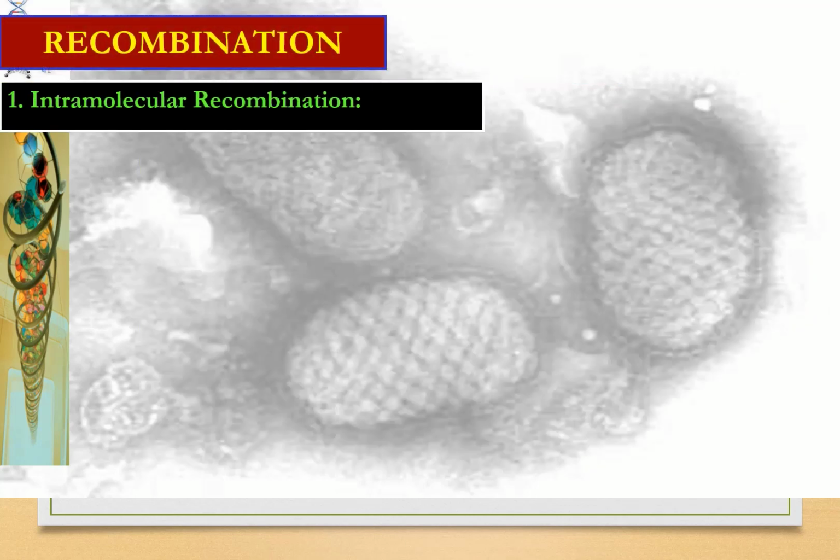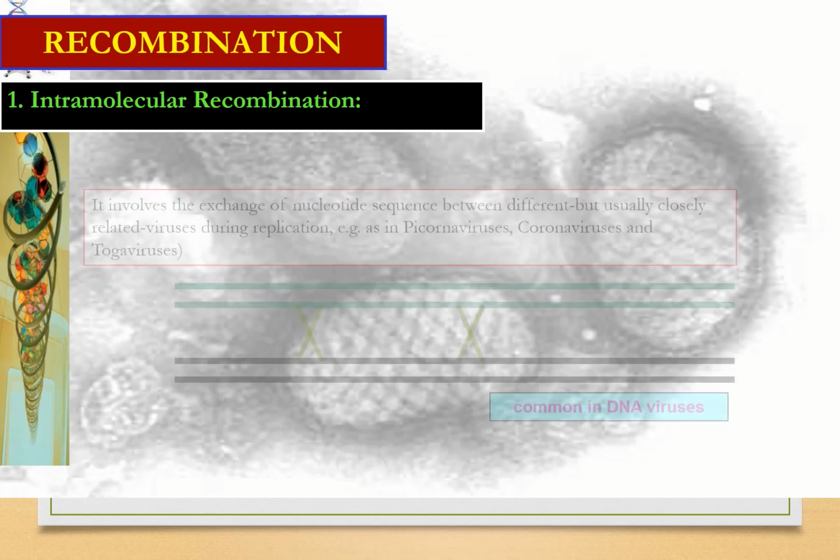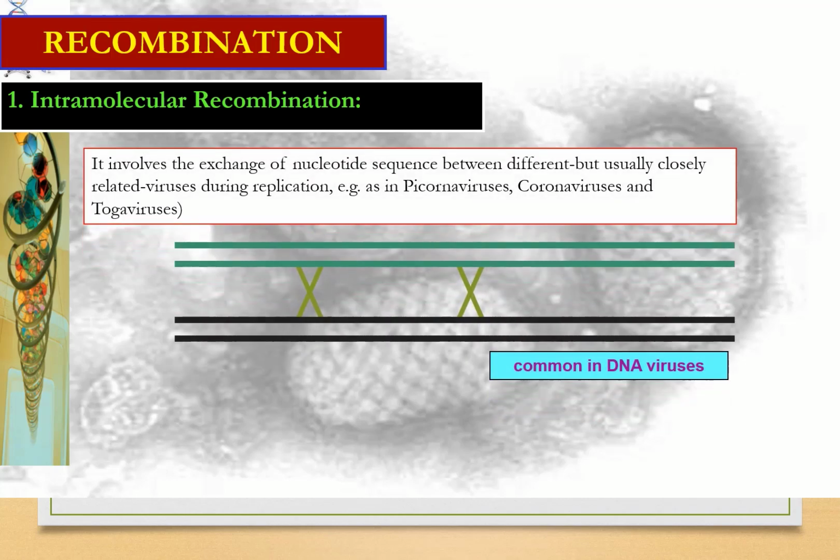Recombination: intramolecular recombination involves the exchange of nucleotide sequence between different but usually closely related viruses during replication, in coronavirus and togavirus. Common in DNA viruses.